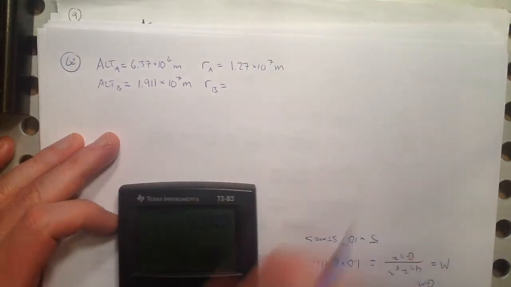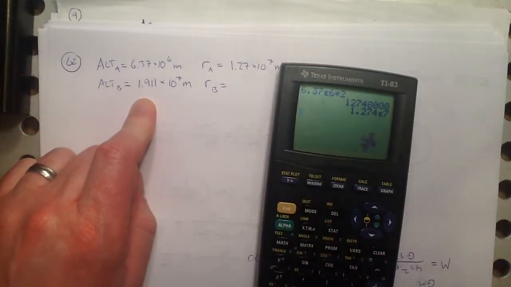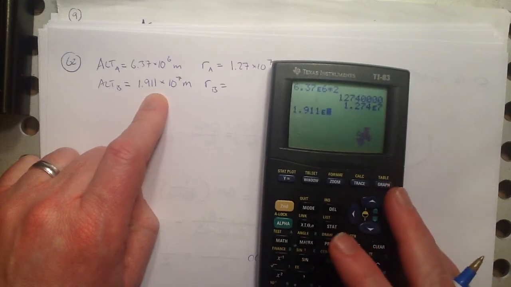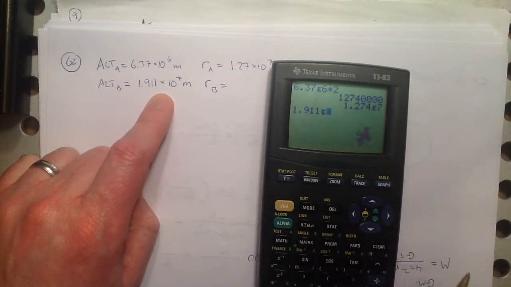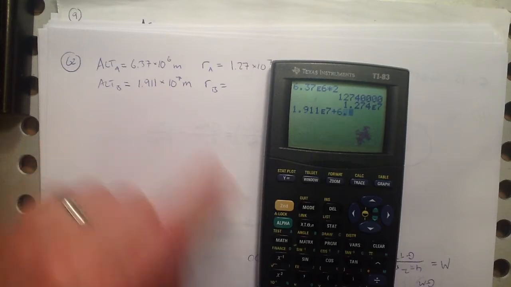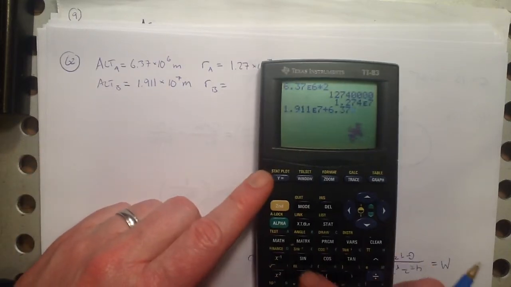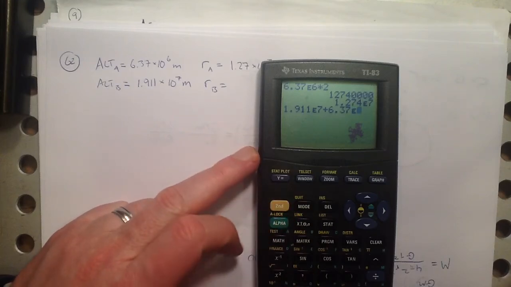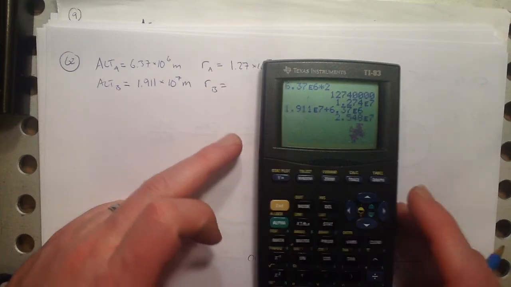The radius of B is 1.911 times 10 to the 7th meters, plus the radius of the Earth, which is 6.37 times 10 to the 6th meters.